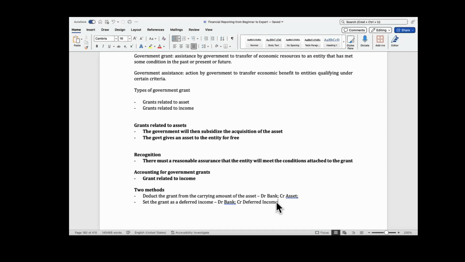Don't just dump everything to P&L at once. That would be very wrong. So these are the two ways that we are definitely going to look at relating to government grants related to assets.